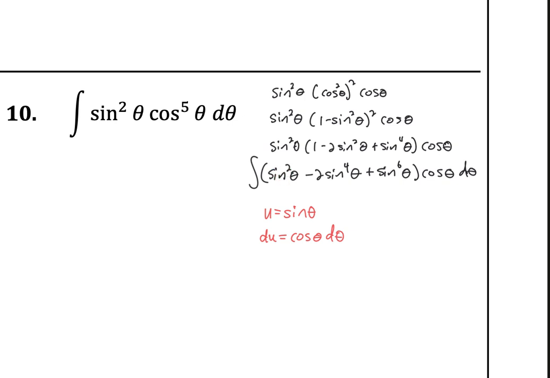So this will be u squared, u to the 4th, u to the 6th, and this just becomes du on the outside. So let's do that over here. And then now we just have these power rules.